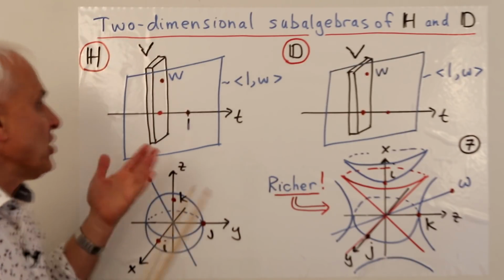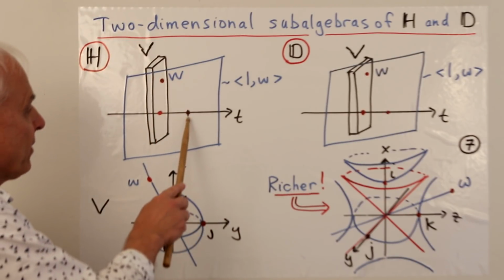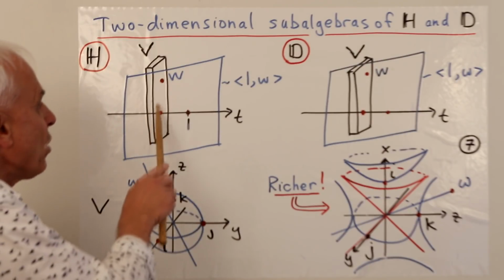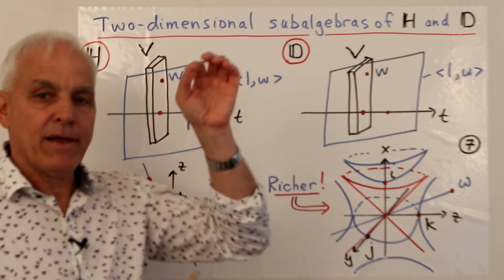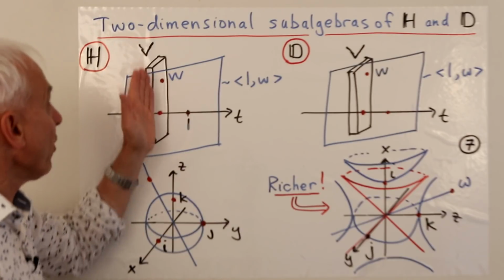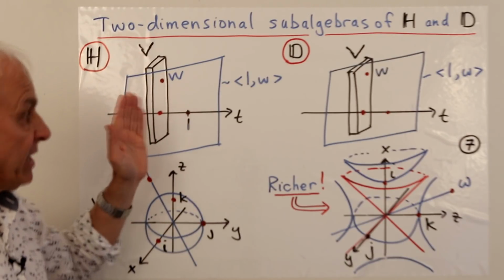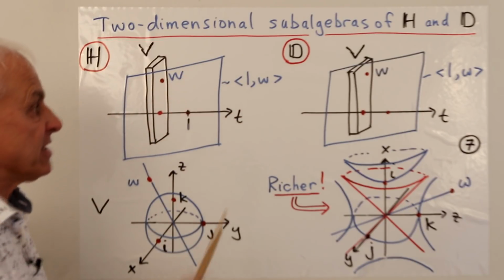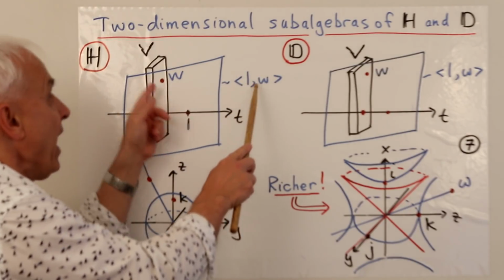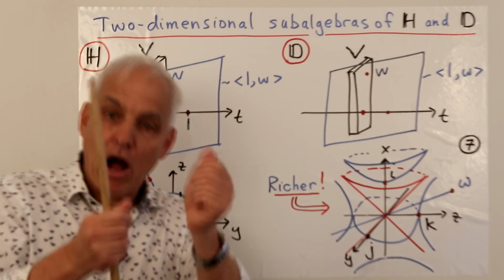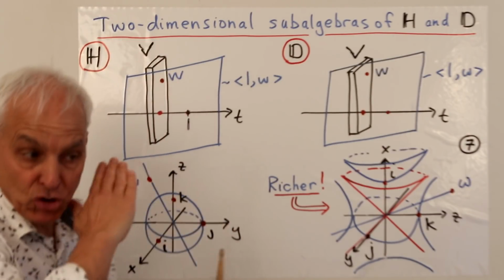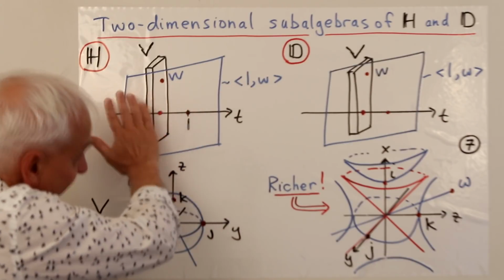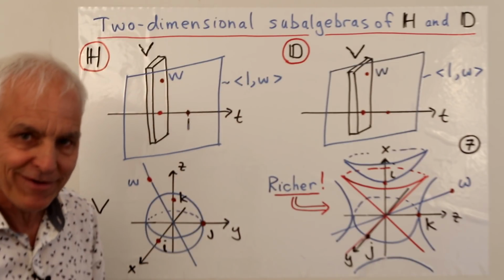So such a plane is determined by taking the identity element and taking one element in this transverse three-dimensional space, call it W, and then thinking about this cross-section as being the span of 1 and W. So all the combinations of 1 and W forming a two-dimensional plane, which you can think of as a slice sort of like this.